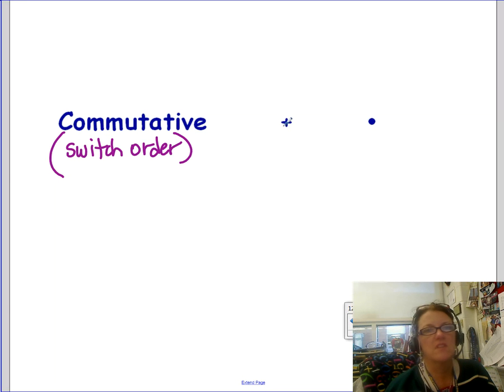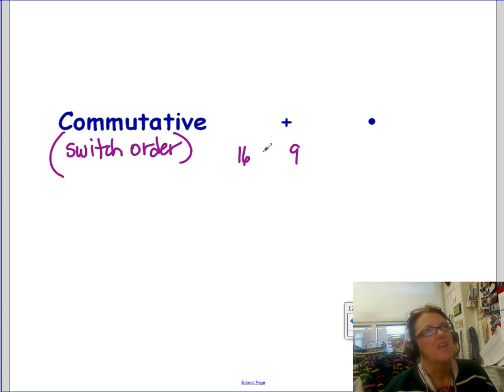I notice that I've got two operations here, adding and then this dot, which represents multiplication. That's because the commutative property works for addition and it works for multiplication. Let's just pick any two numbers at random, let's say 16 and 9.